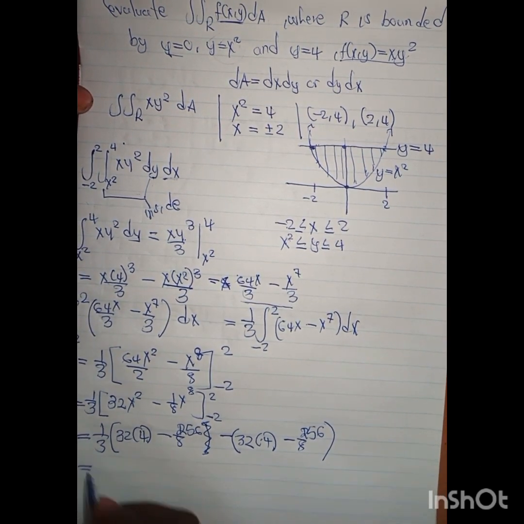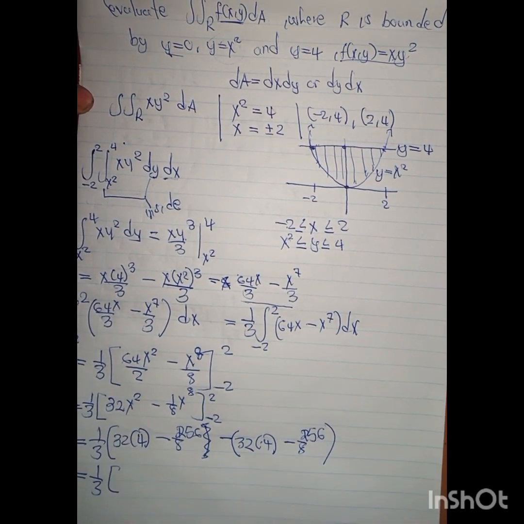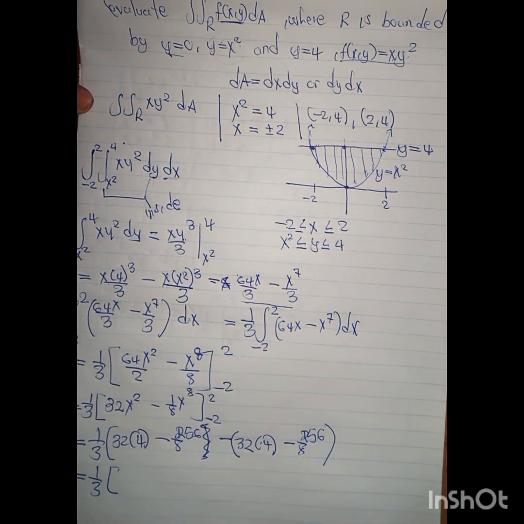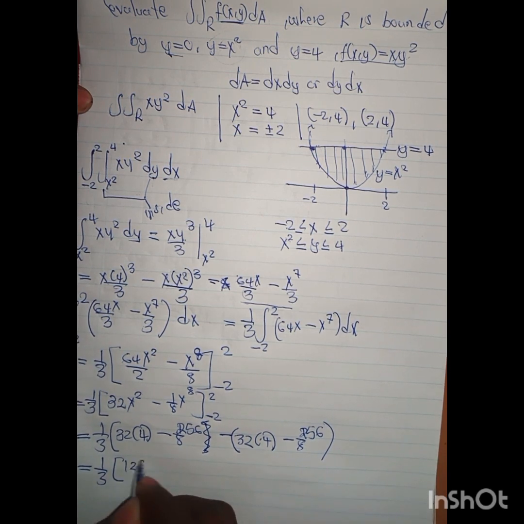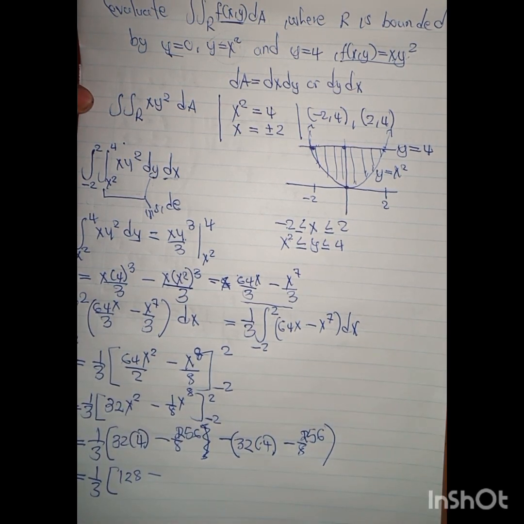So we have 1 over 3, and then 32 times 2 times 4. 32 times 4 is 128, minus 256 over 8. 256 divided by 8 is 32.